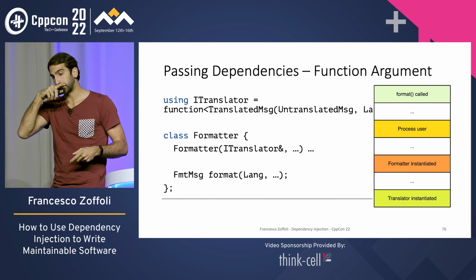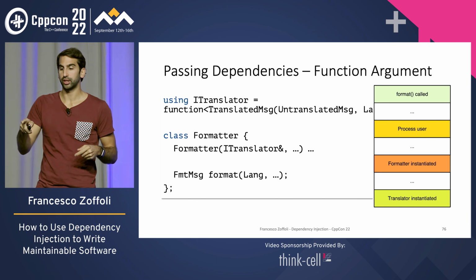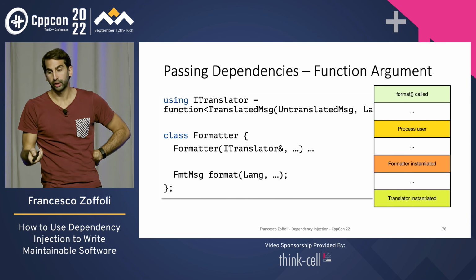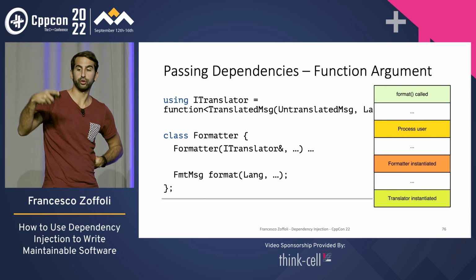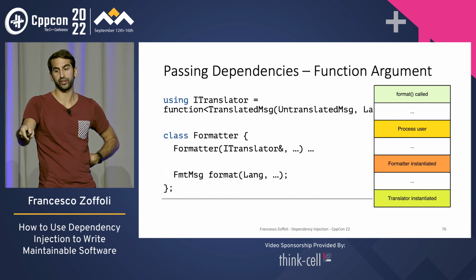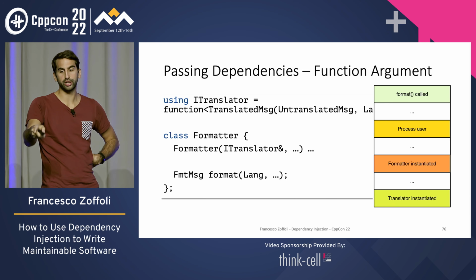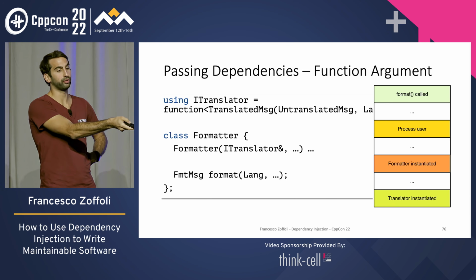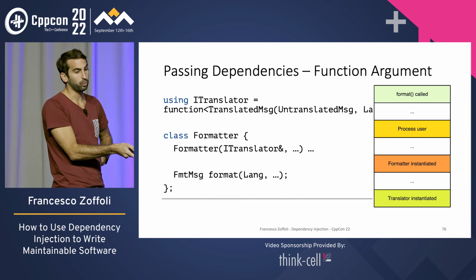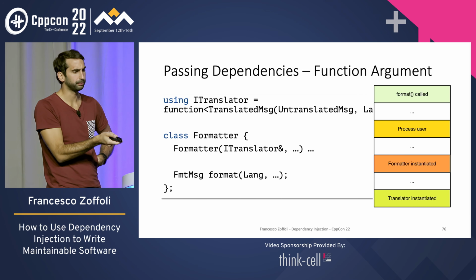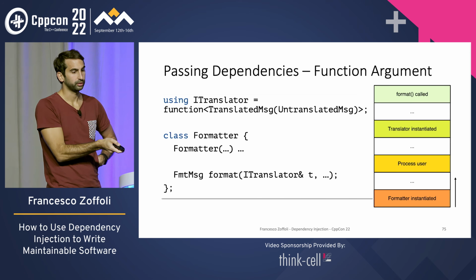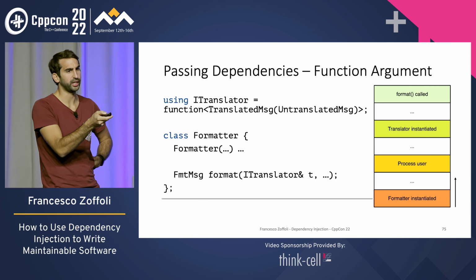The advantage of this solution is that first, we are instantiating the translator and then the formatter before processing the user. See, the order is inverted. Now we have the translator and then the formatter, while before we had first the formatter and then the translator.